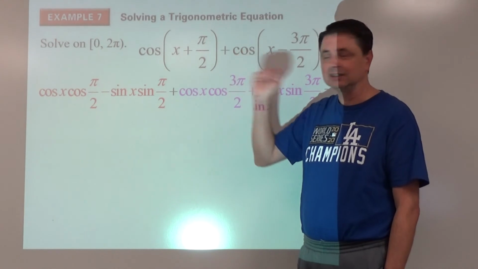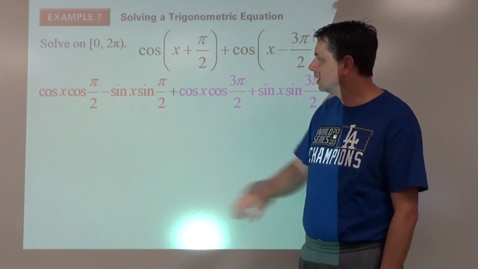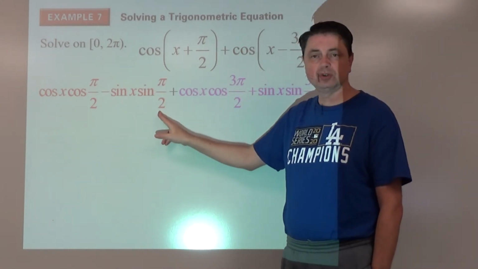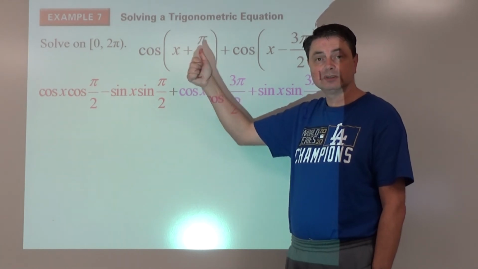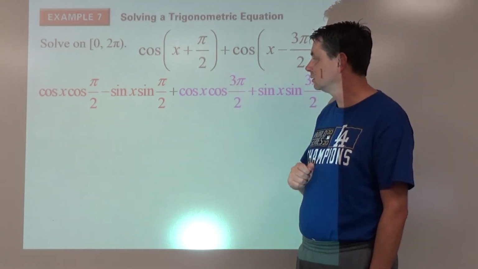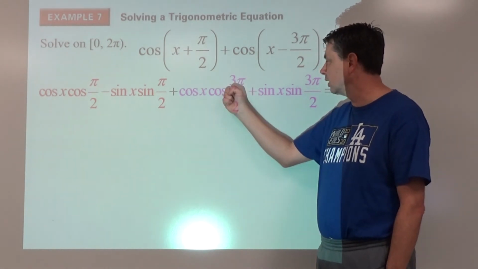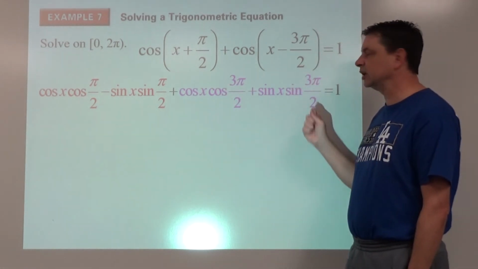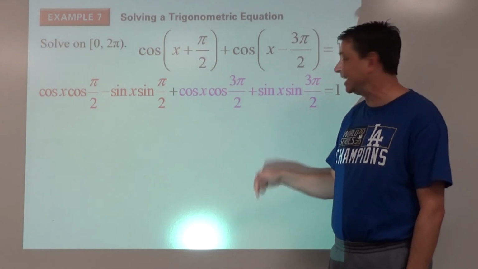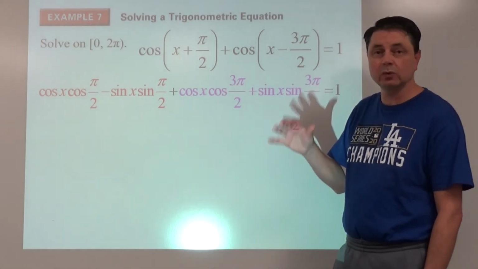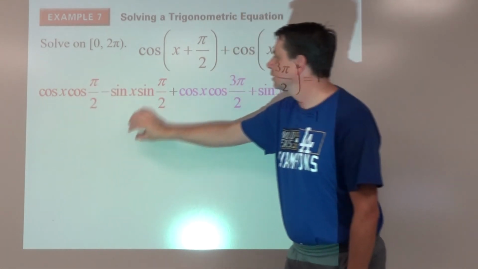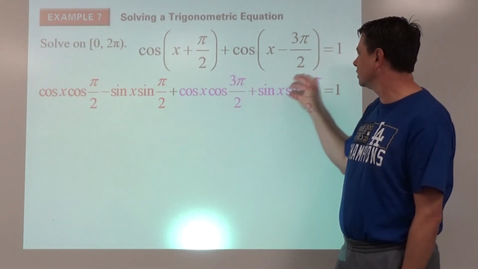Straight up, that's 0. Sine of pi over 2, straight up, that's 1, y-coordinate. Cosine of 3 pi over 2, straight down, 0. Sine of 3 pi over 2, straight down, that's negative 1. So let's replace the ones that we know. 0, 1, 0, negative 1.